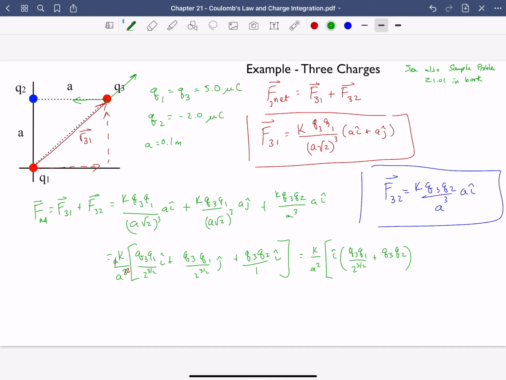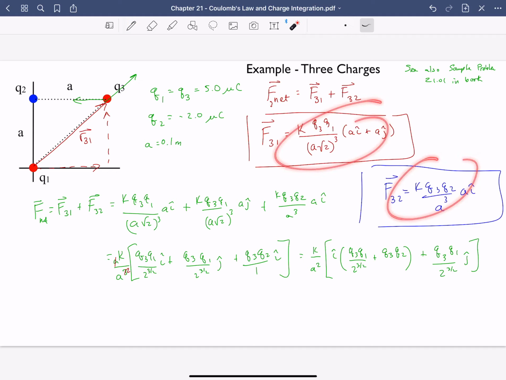I think it's good for you to be seeing my mistakes so that you know to catch them for yourself. Q3, Q1, all over 2 to the 3 halves, J hat. Again, I'm guessing a lot of you would have put numbers in at this point and gone for it, but again, you do you, I'm going to do me.